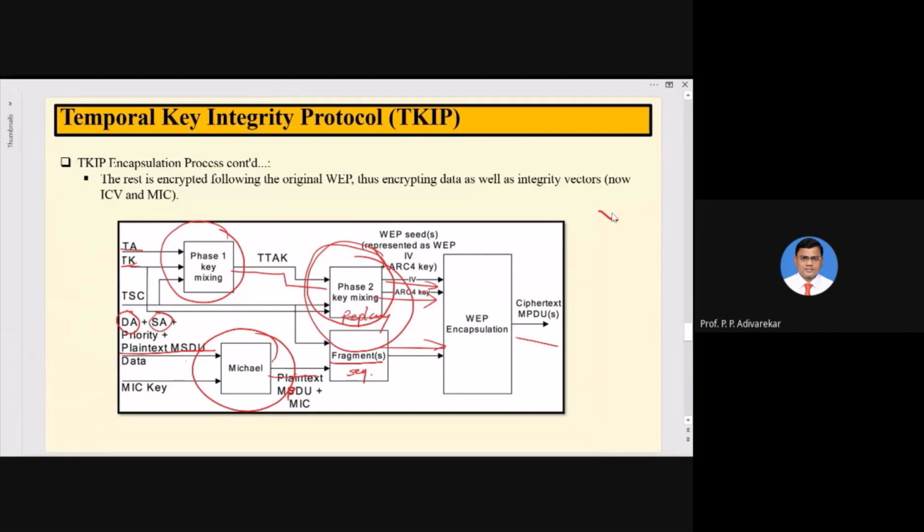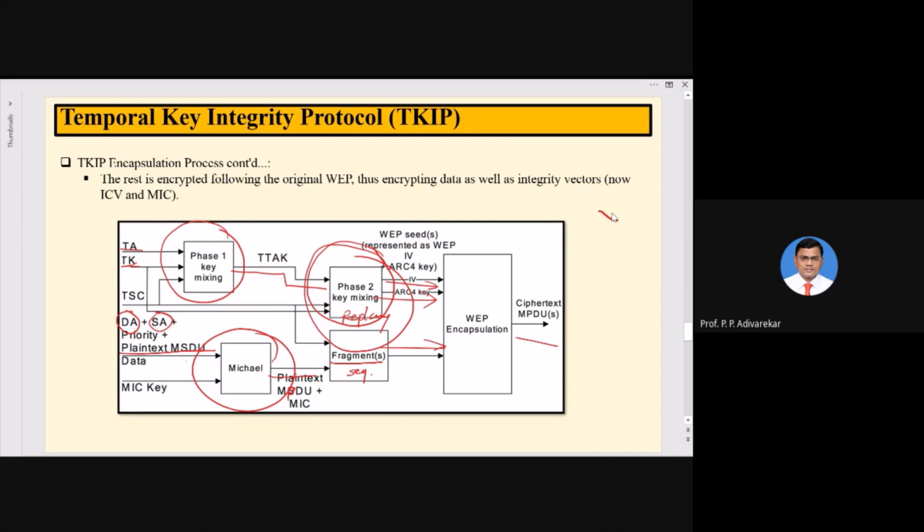PRNG is a pseudo random number generator, which generates the key sequence, and that is XORed with the plain text to generate a ciphertext. Exactly the reverse procedure happens at the time of decapsulation or decryption, and the original plain text is recovered.